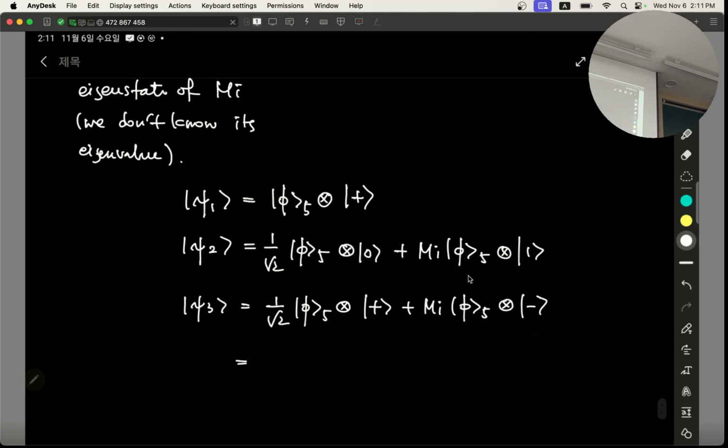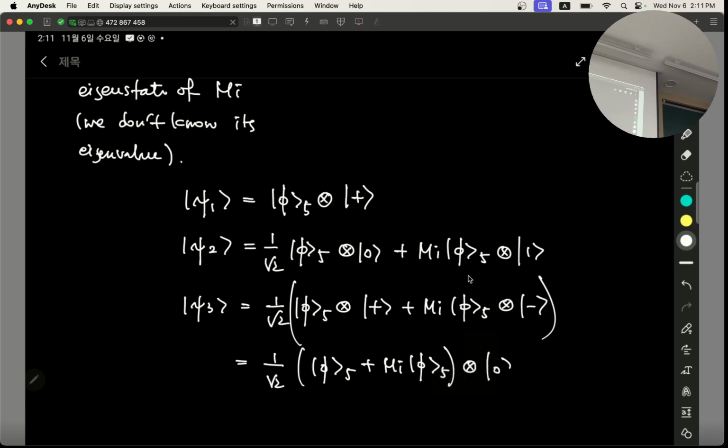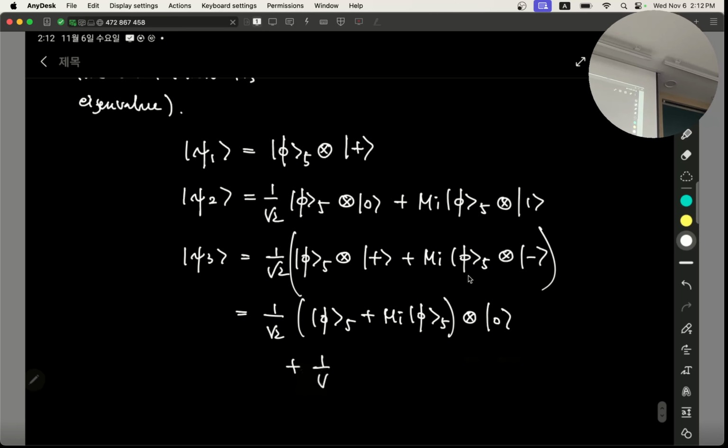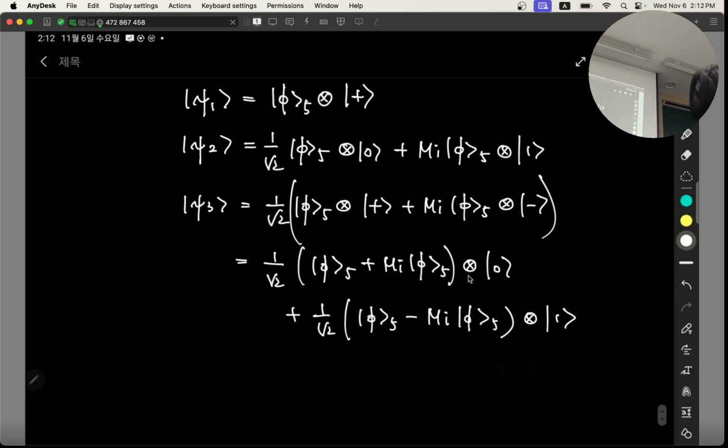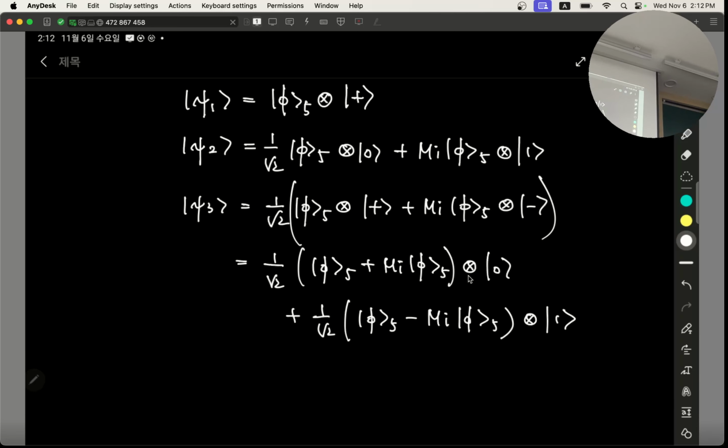So let's collect the two cases. When the control qubit is 0, we have v5 plus mi v5 over square root of 2, and when it is 1, we have v5 minus mi v5 over square root of 2. I can separate into these two.